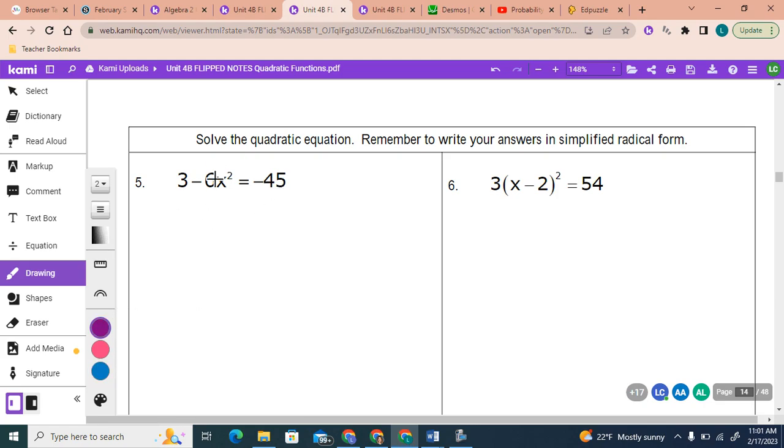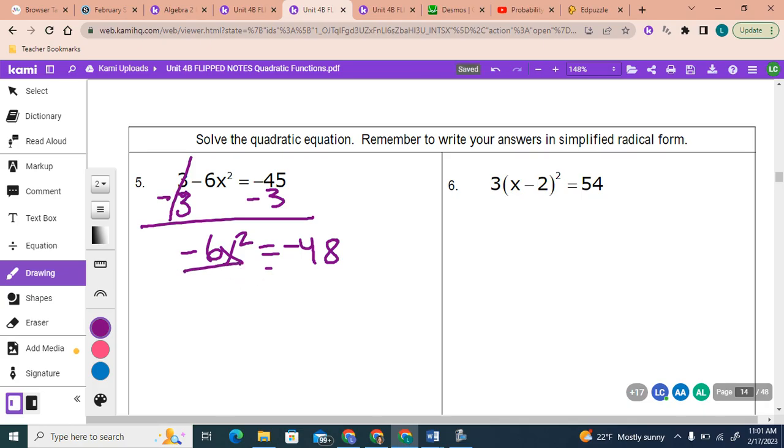A lot of us, whenever we see subtraction, we just want to undo it. Let's be smart here. That doesn't do anything for us. So we're going to subtract the 3 because it's positive. And we want to get it with the 45. That's our goal. Get it with the 45. So we have negative 6x squared equals negative 48.